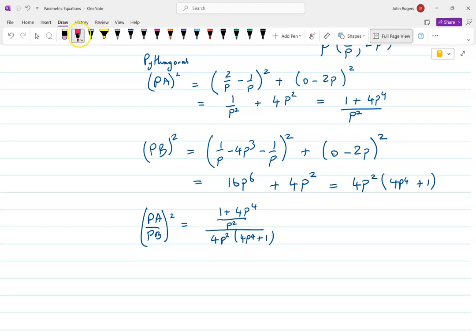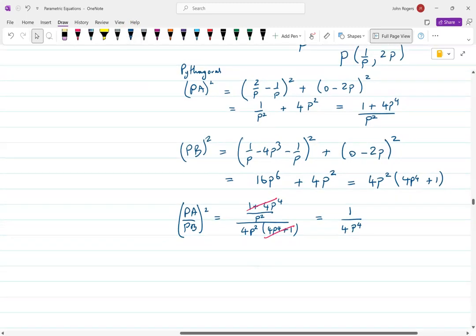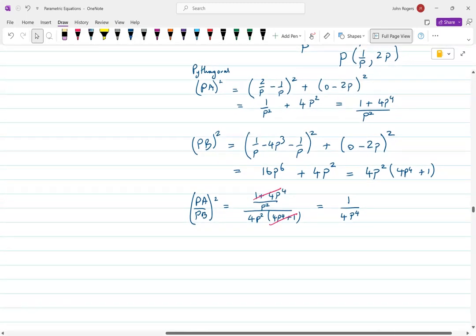And this bit here will cancel, and I'm going to be ending up with 1 over 4p to the 4. So that's quite promising because we're nearly there.